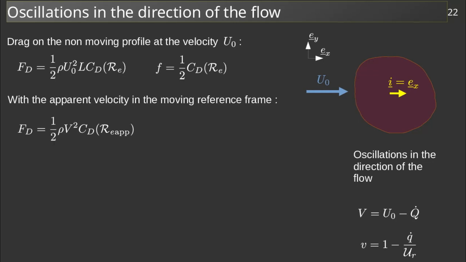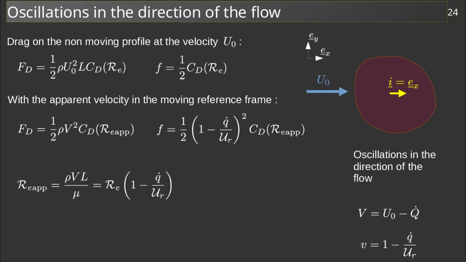If we take into account the velocity of the solid, the coefficient depends on the apparent velocity v and on the drag coefficient for the apparent Reynolds number based on the velocity v. Without dimension, this is written as 1/2 of the apparent velocity squared times the drag coefficient.